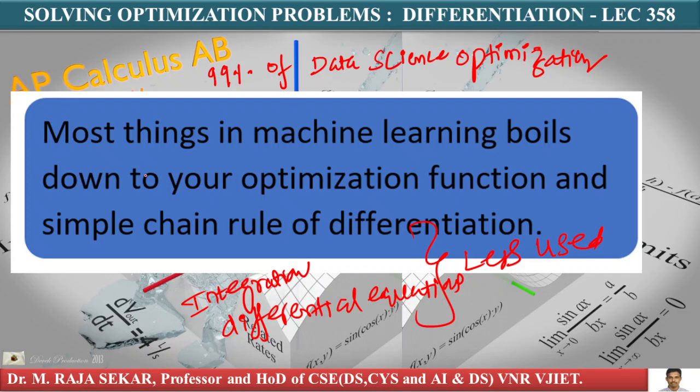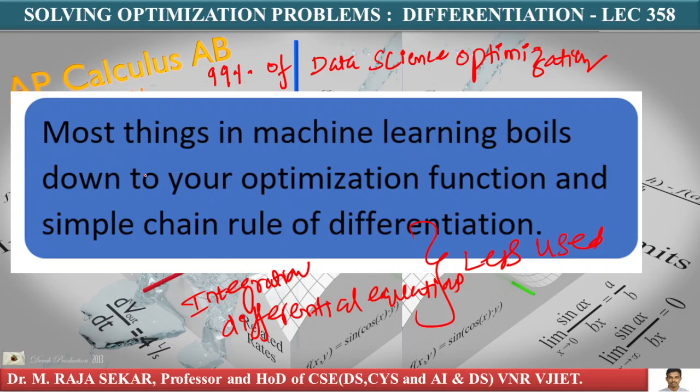We will give a geometric intuition behind everything, because understanding optimization is very important in understanding data science or machine learning. A lot of data science algorithms are based on these optimization techniques.